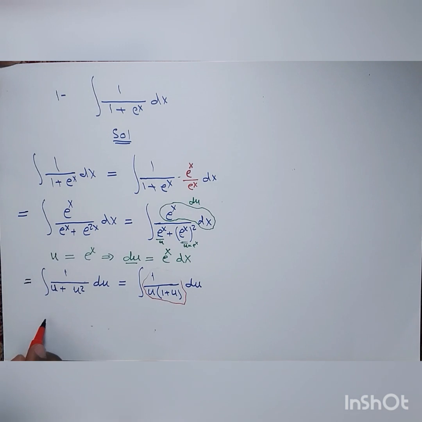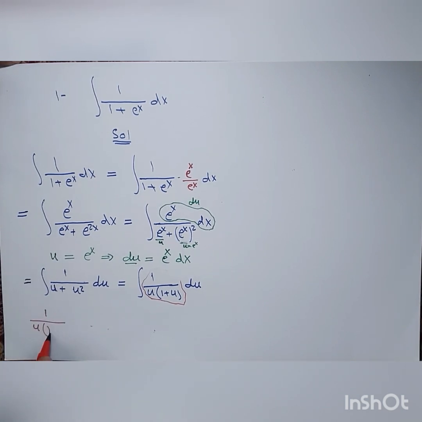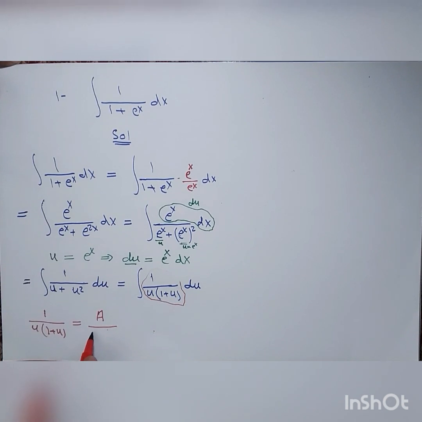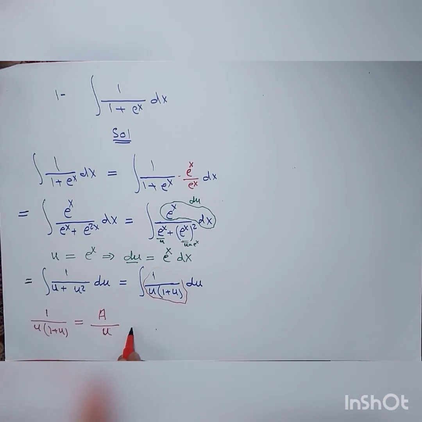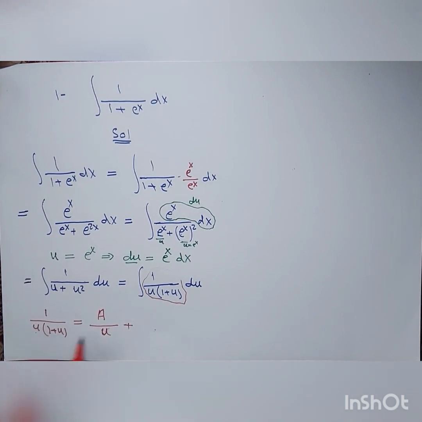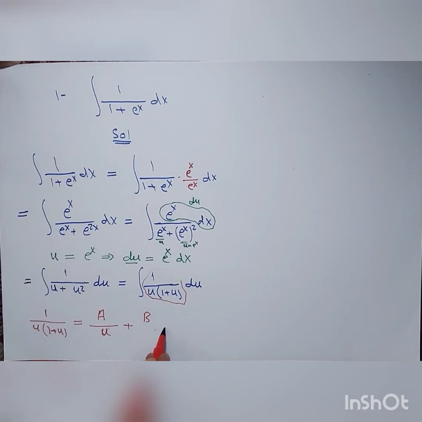Our function 1 divided by u times 1 plus u can be written as a constant, which we don't know yet but of course we will find it, with u in the denominator, plus another constant divided by 1 plus u. The main idea is just to find those two constants.